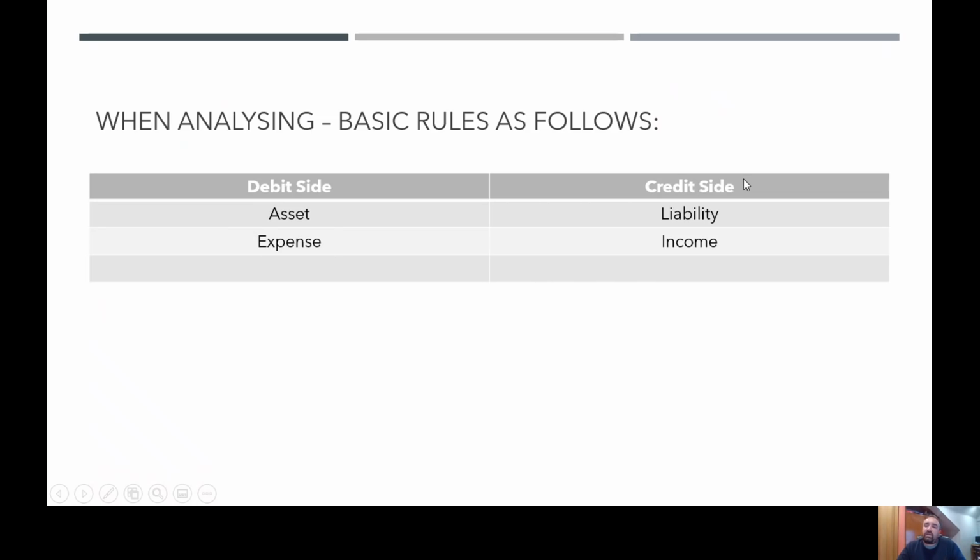And then on the credit side, if I have any T account that's got a balance on the credit side, it's one of two things. It's either a liability if I have to pay the money back, or if I don't have to pay the money back, it's my income. So this is quite an important little formula to analyze after we've drafted the T accounts.